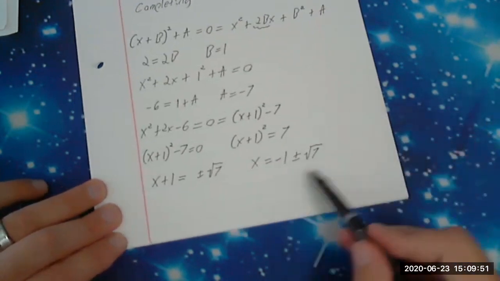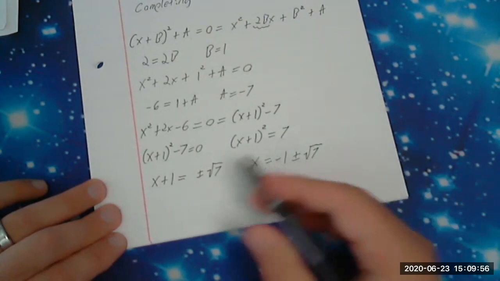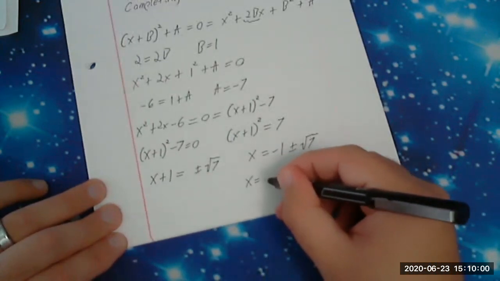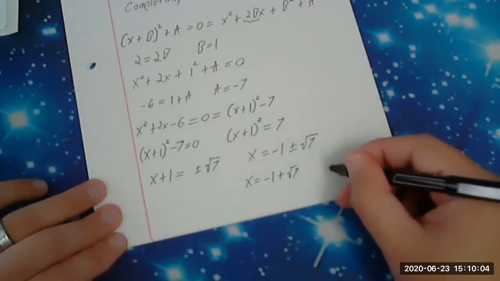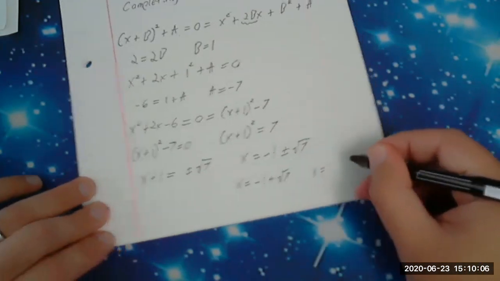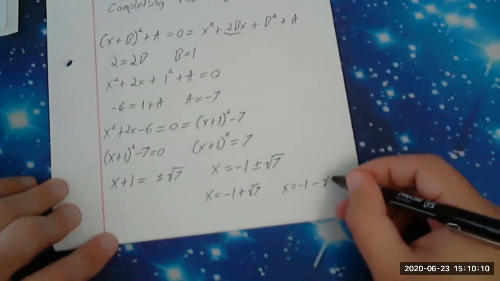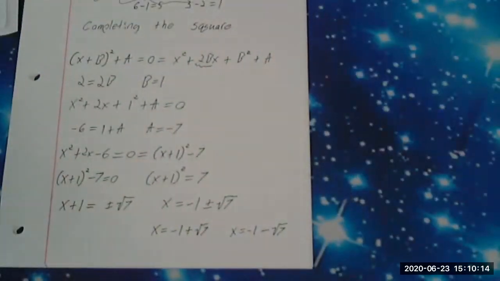So these are two different answers because there's a plus or minus. That's what the symbol means. So one of them is x equals -1 plus square root 7. And then you have x equals -1 minus square root 7. So this is the answer, completing the square.